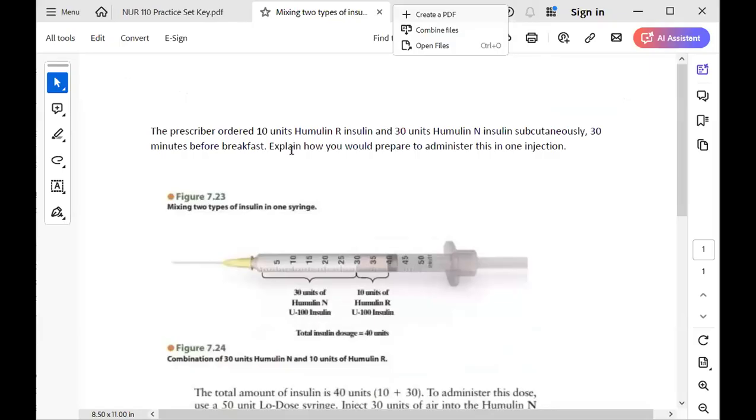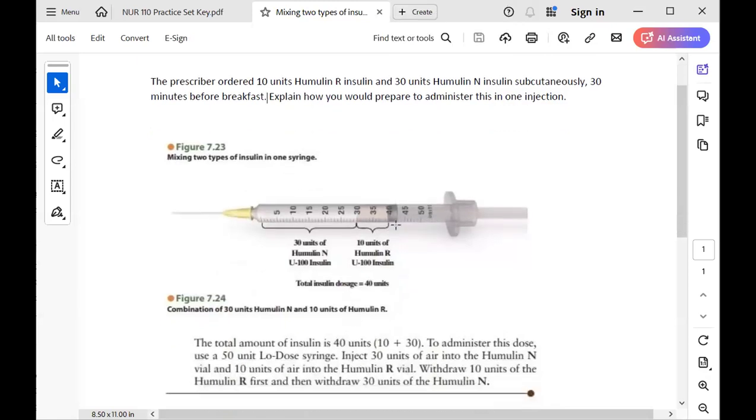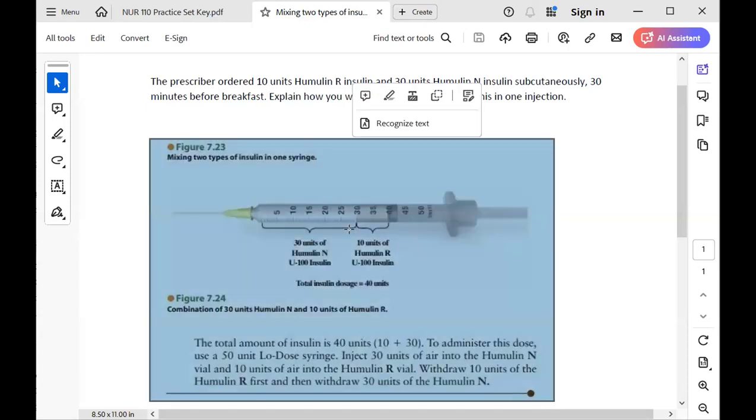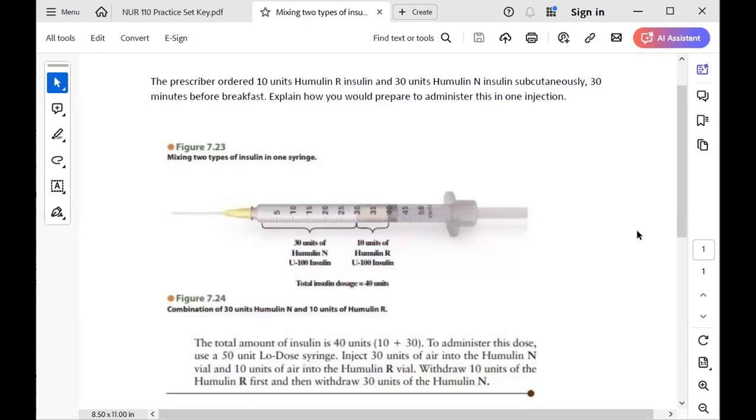All right. So what you have here is what they're looking for you to mark when you're marking your syringe. Now, in reality, this is not what happens, okay? Because this is not in a vacuum environment. So the insulin's going to mix when you draw it out. I'm just letting you know that there is a connection there.